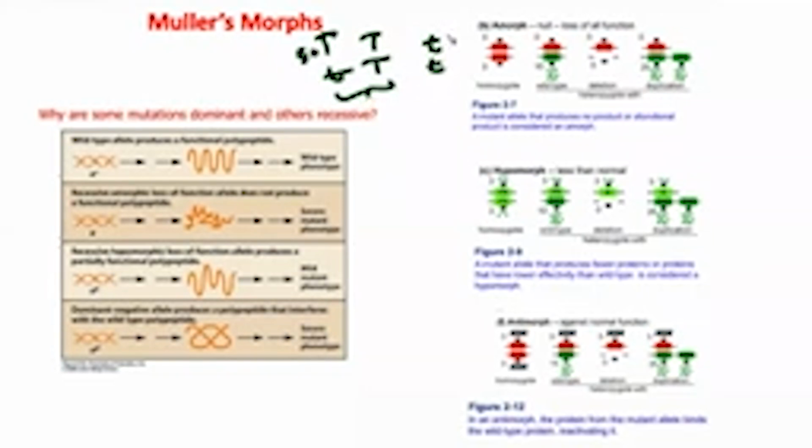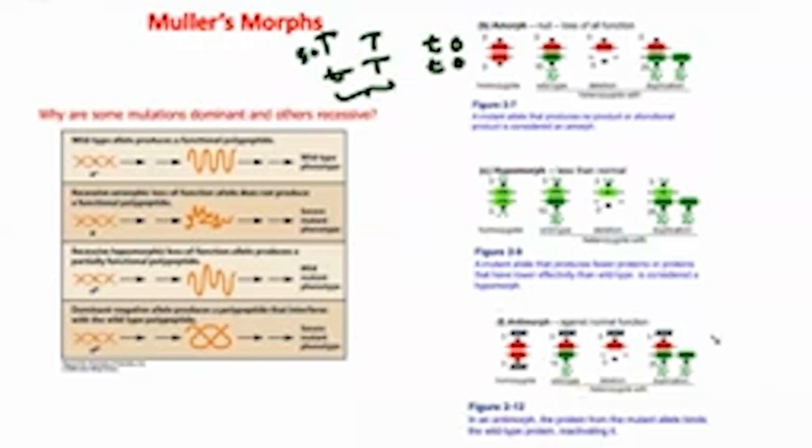If TT is both null, you will have 0 plus 0, which is 0, and you will have absolutely no function at all. So you have an amorph, which has no function. You have a hypomorph, which has partial function, and you have an antimorph or a dominant negative, in which one allele influences the other allele to not behave in a wild type manner and makes the phenotype worse.